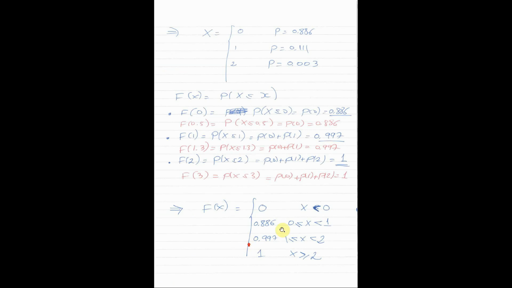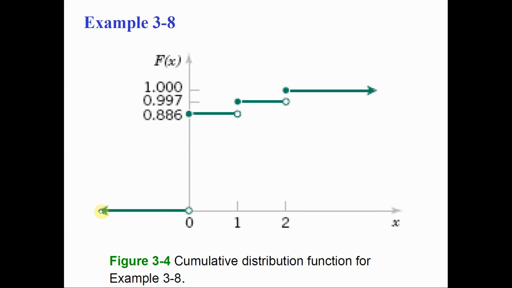Before x equal to 0, as you have seen, the cumulative function value is 0. So this green arrow goes to minus infinity, for all these x values the cumulative is equal to 0, but excluding the 0 itself. That's why we have an open circle, excluding the 0 itself. At x equal to 0, the cumulative goes to 0.886.